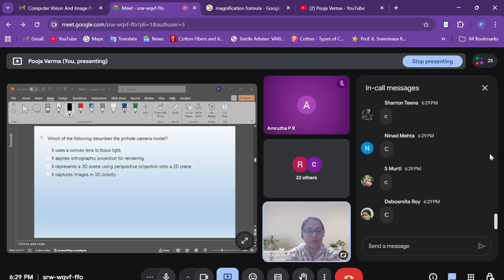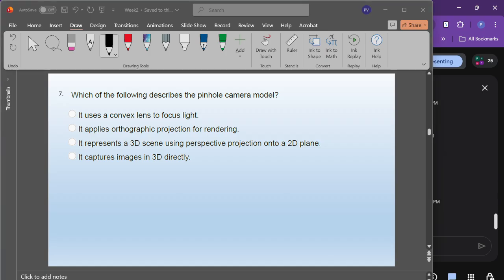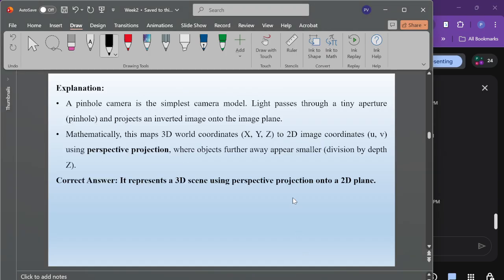Option C. Most of you are giving the answer option C, which is the correct answer. So let's see the solution. A pinhole camera is the simplest camera model, where light passes through a tiny aperture, the pinhole, and projects an inverted image onto an image plane.